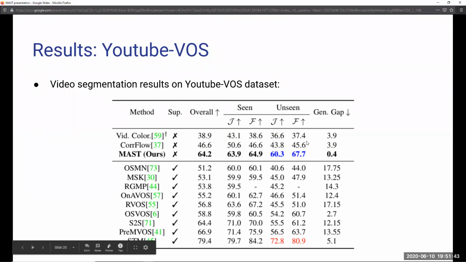And in self-supervised, they are actually leading. And also for the generalizability gap, that's what we talked about, unseen versus seen. This shows that the lower the value is, the more it has been generalized. The average over here is about 11, and they reached 0.4.